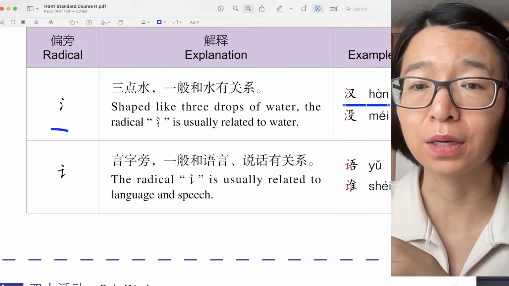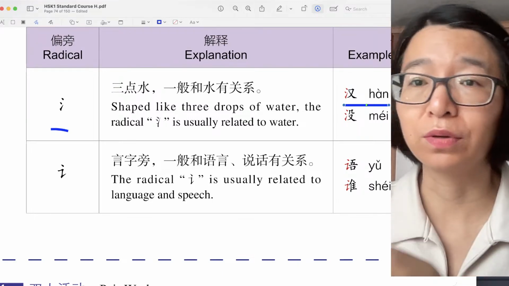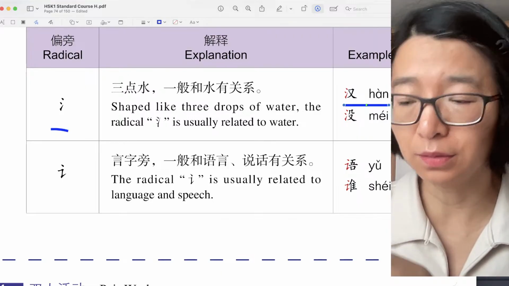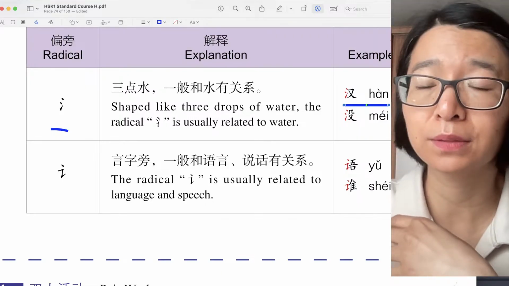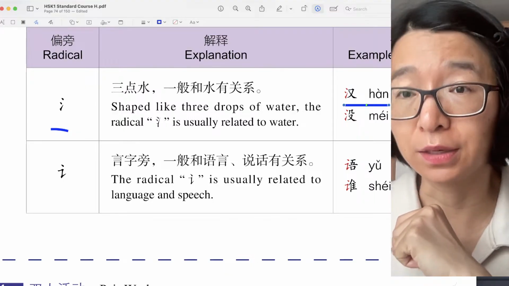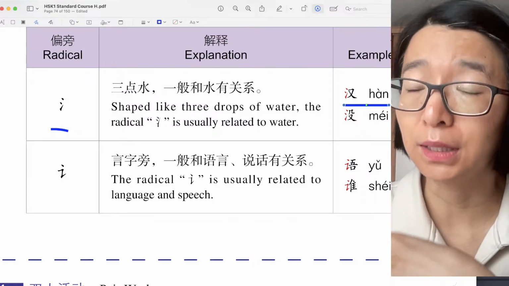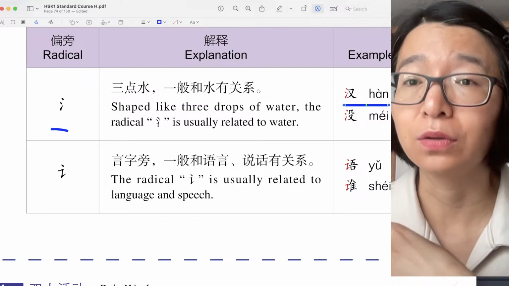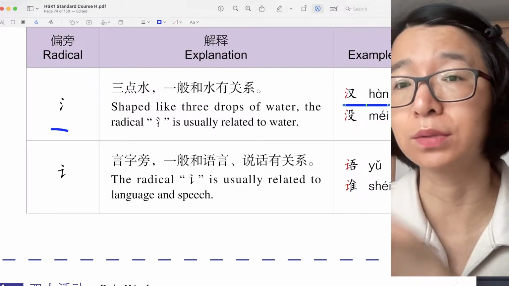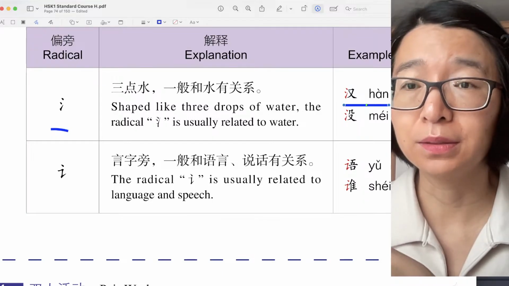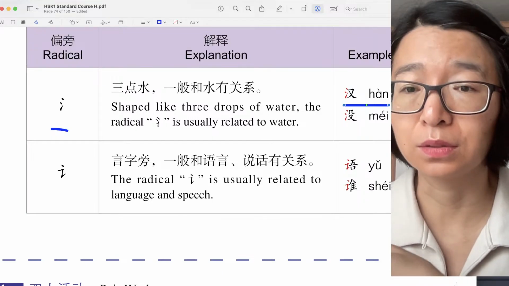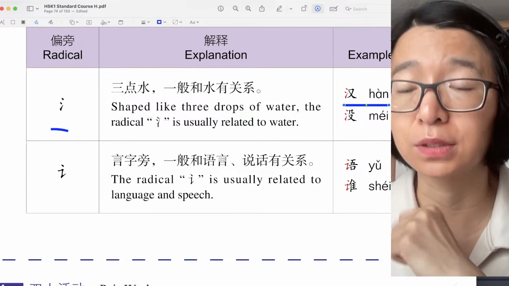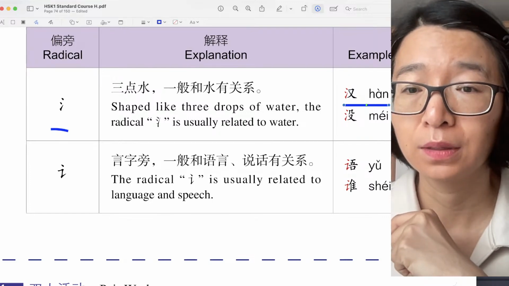So say this character. Yeah. So the river, yeah, Yellow River, also some other rivers, which are important for our life. So when you live near the river, you can do a lot of things. You can have water, you can grow a lot of plants, you can have food. So water is important for Chinese people.